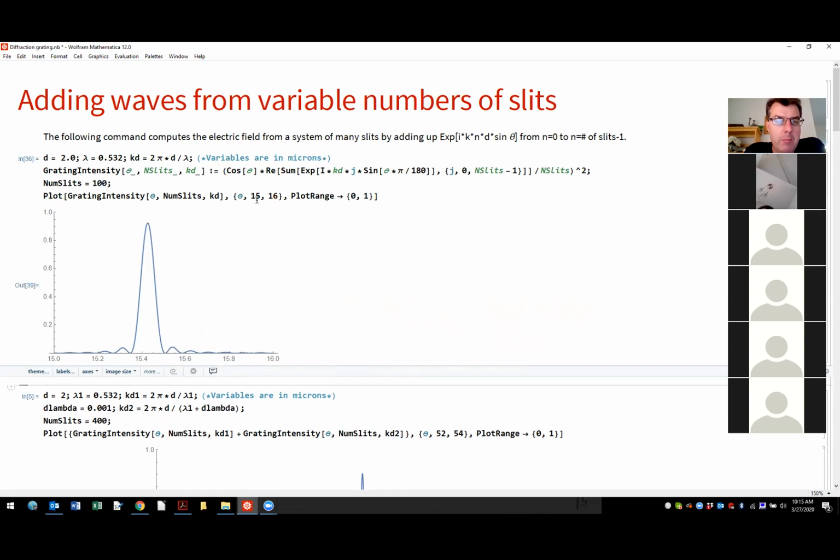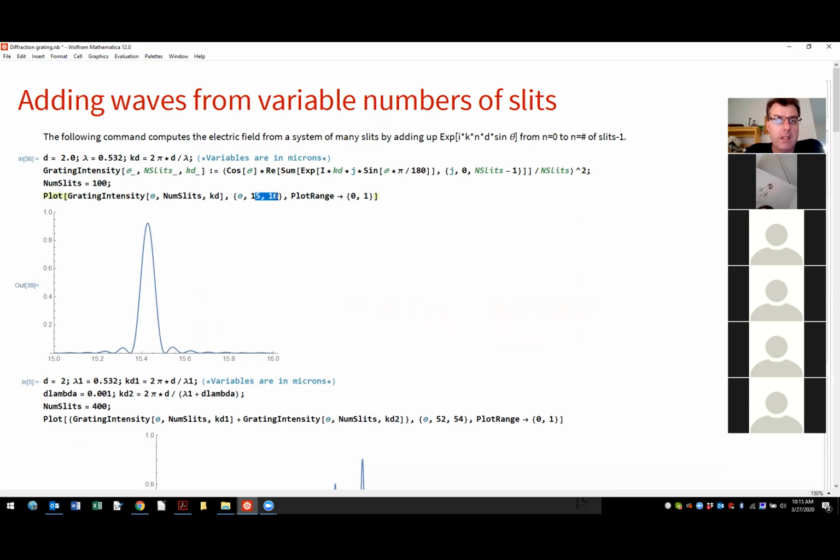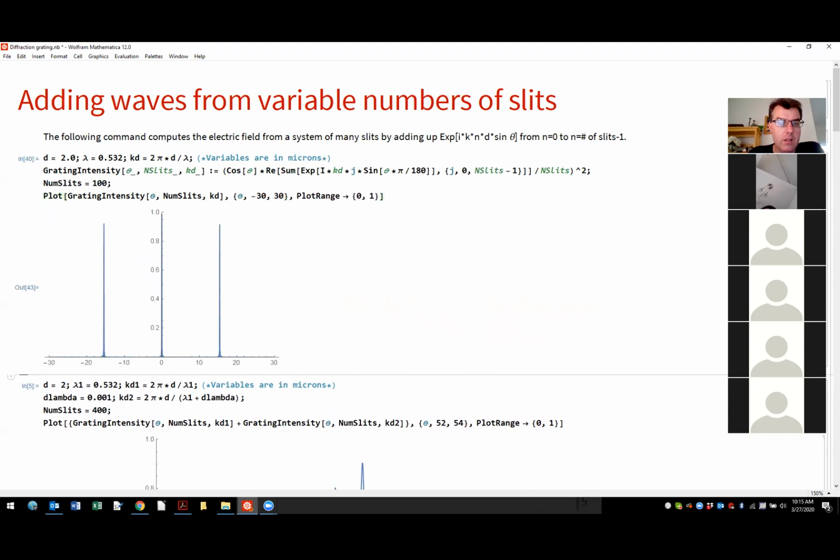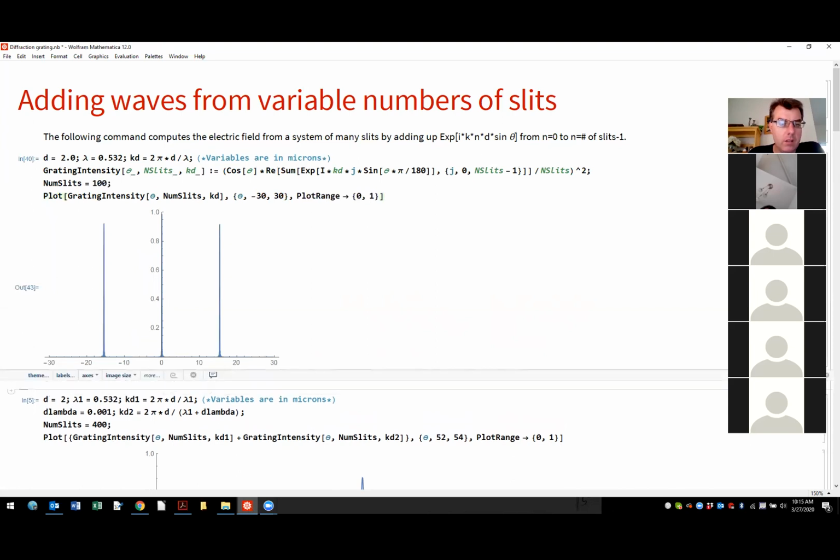And the same thing happens to all of the peaks. If I zoom back out, minus 30 to 30, I'm not seeing too many other peaks.